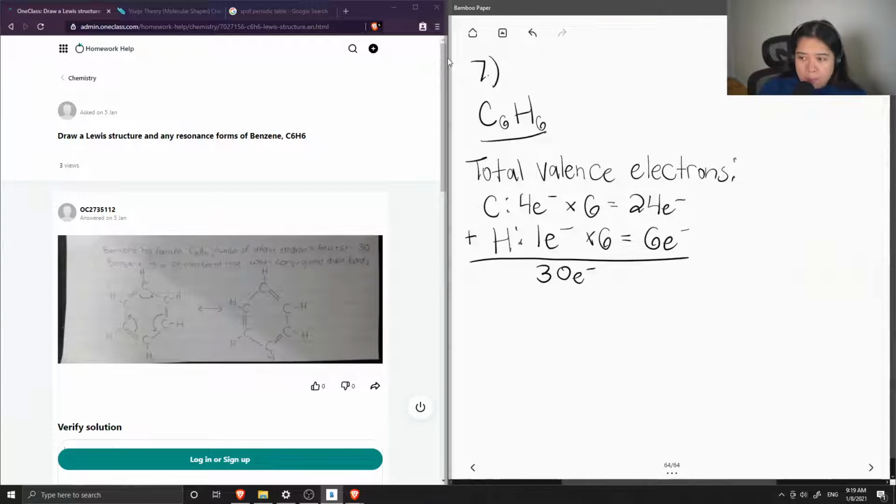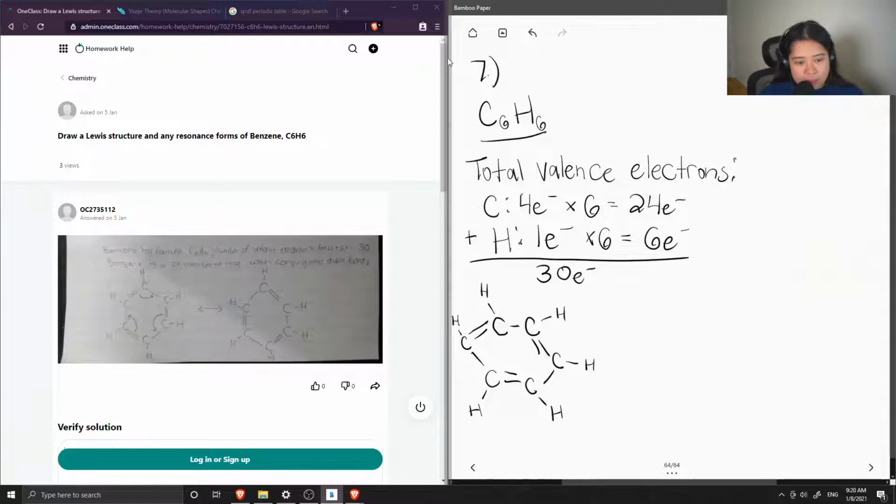So benzene is a cyclic hydrocarbon that contains the 6 carbons. So these are all the carbons in the ring. And in between every other carbon is a double bond. So this means that benzene is aromatic, and it's a very popular molecule because of its aromaticity.